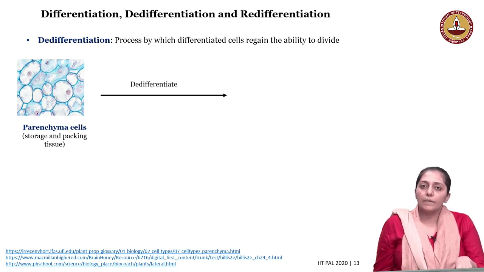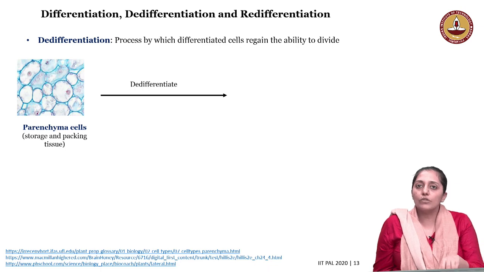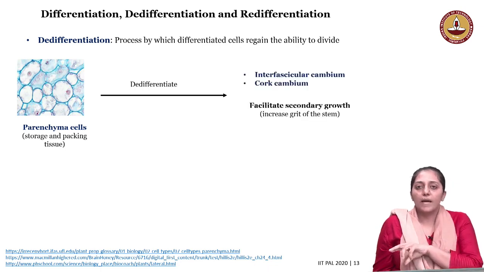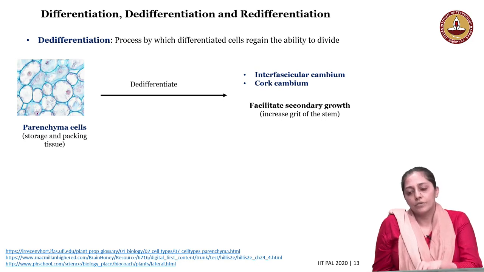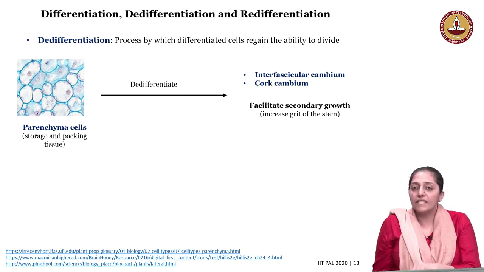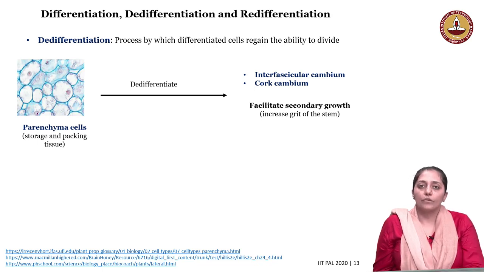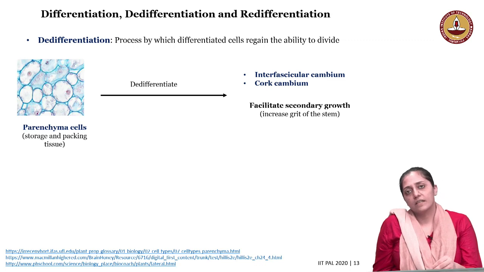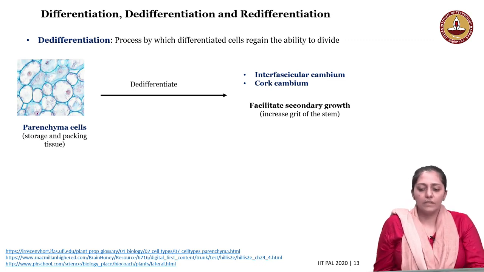These parenchyma cells also dedifferentiate, revert back to the meristematic state to help in the interfascicular cambium or in the cork cambium, and they facilitate the secondary growth of the plant. In this case, it will increase the girth of the stem.